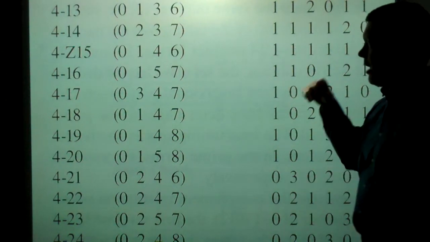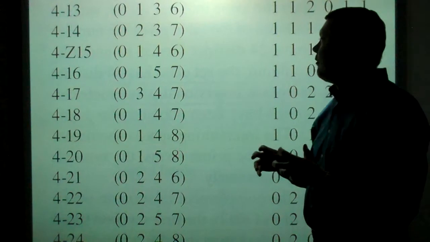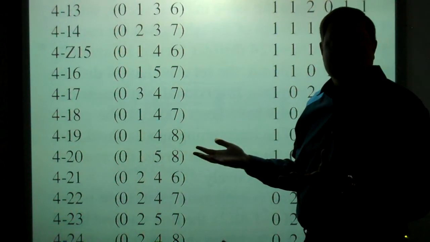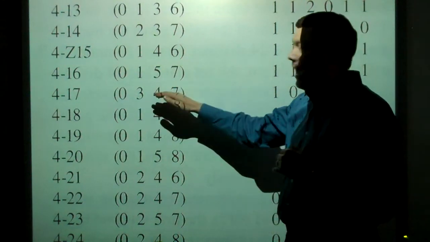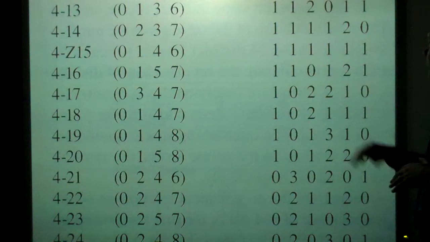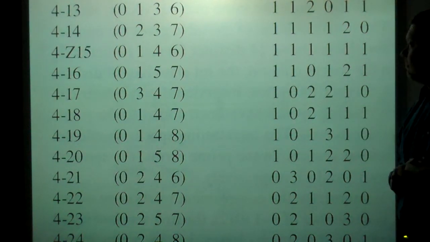Again, if you know the prime form, or if you are working from a prime form of a set, that is the set class's name, that's what a prime form is. If you know that information, you should be able to go to the appendix in the back of your book and check the interval vector to see if you got it correctly.